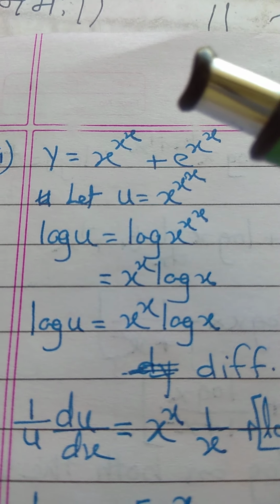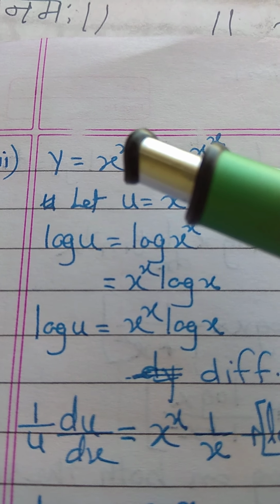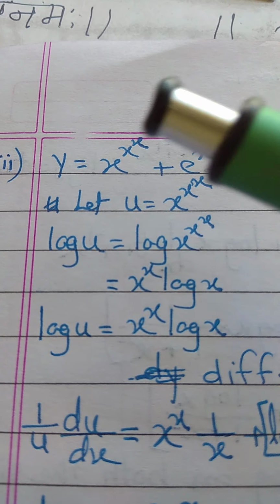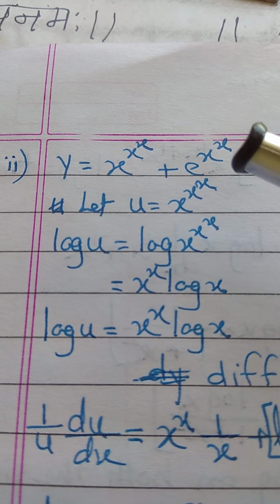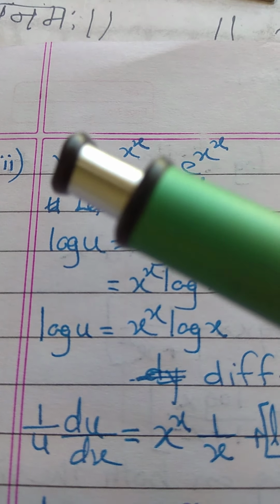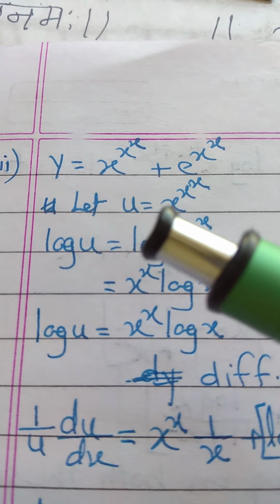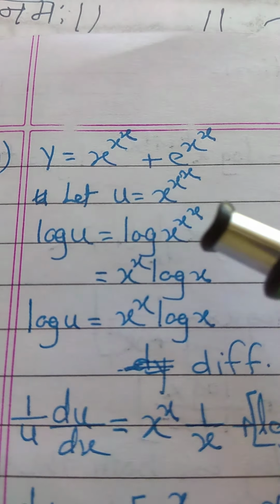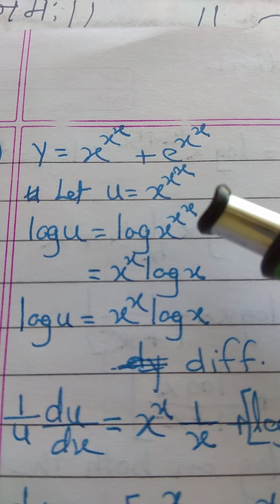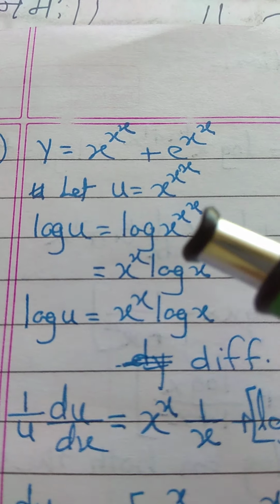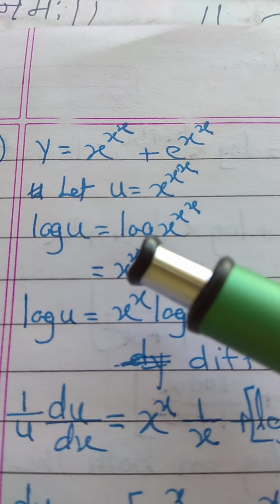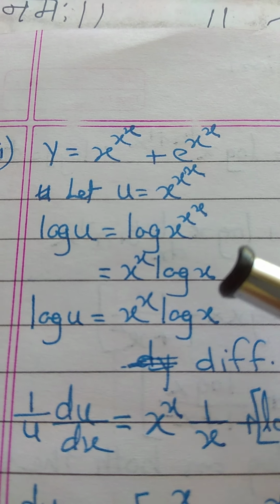So in this type of problems, you should interpret the y in the form y equal to u plus v. Now taking log on both the sides, log of u is equal to log of x raised to x. This x raised to x will come down into log of x. Log of a raised to p is always p log a.